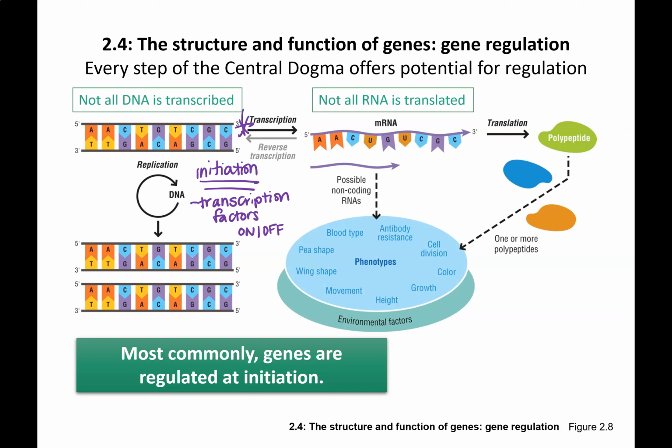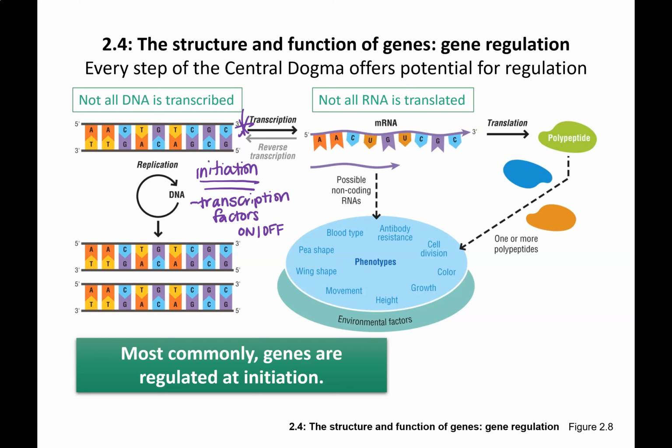Although it is not regulated as often, messenger RNA can actually still be made and then blocked at the translation step. So this might be if the cell needs to pause for a bit and not make any more proteins for just a few minutes, or if there are getting to be too many, or it can just stop the process once you get enough.